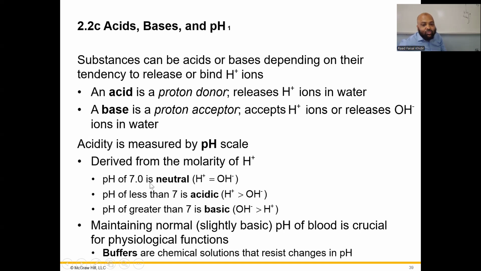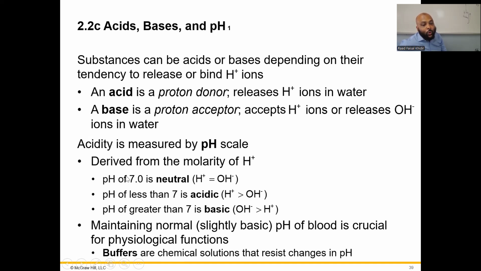So 7 is right in the middle. That makes 7 neutral pH, and a pH of less than 7 is acidic. If the pH is less than 7, does that mean the hydrogen proton concentration is more or less than OH?